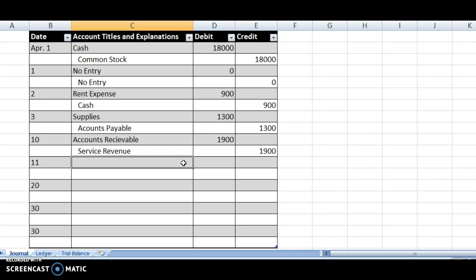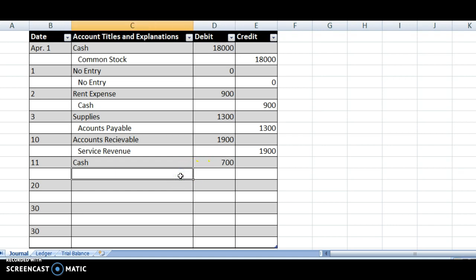Next, on April 11th, we received a $700 cash advance from M. Jason to design a new home. So first, cash is going to be debited by $700 because we received that money.